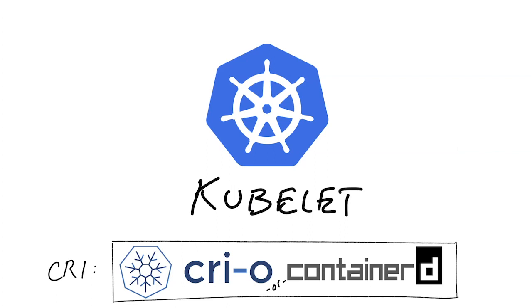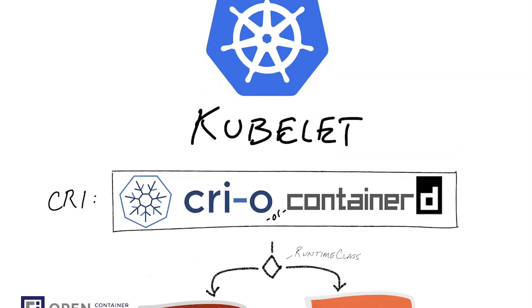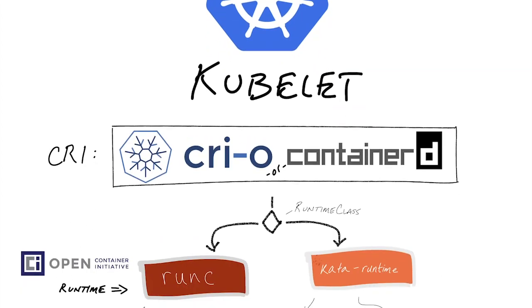So when kubelet says pull this image, it's actually CRI-O or containerd that are going to do this. And when they say start the workload, it's not even containerd or CRI-O. They're going to go one level of abstraction down and call the actual runtime engine, or the OCI runtime, I would say. And the canonical solution in the ecosystem, the out-of-the-box default you'll see everywhere, is going to be runC.